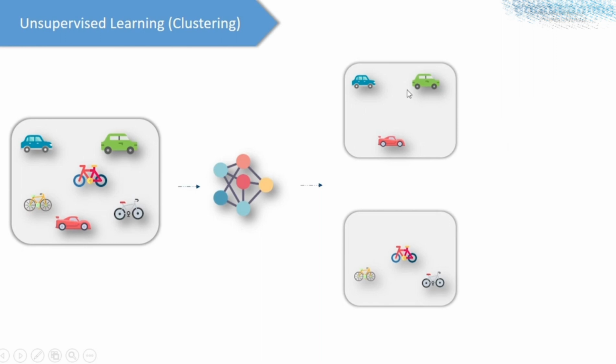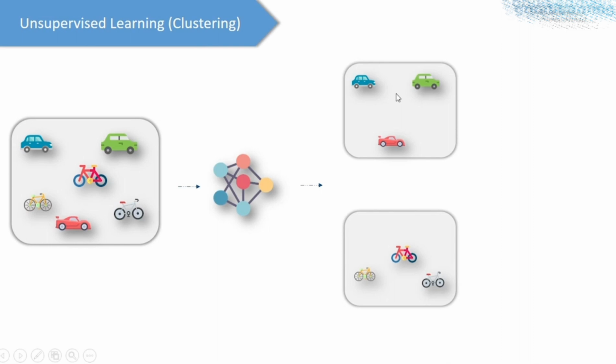The first cluster comprises all of the cars and the second cluster comprises all of the bicycles. Now, even though there were no class labels associated, this unsupervised learning algorithm was able to divide this data into two clusters. And this was possible because an unsupervised learning algorithm helps you to understand the underlying structure of the data.